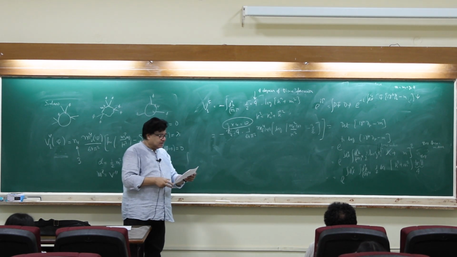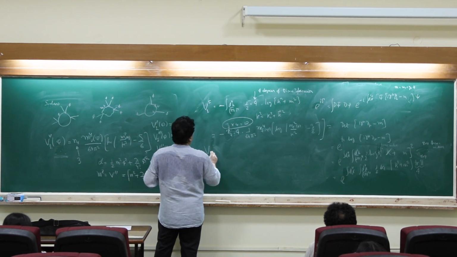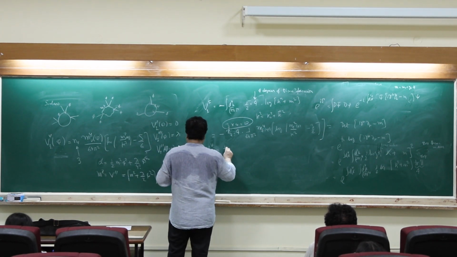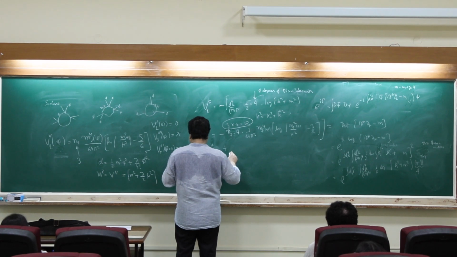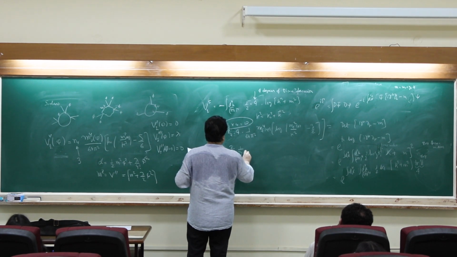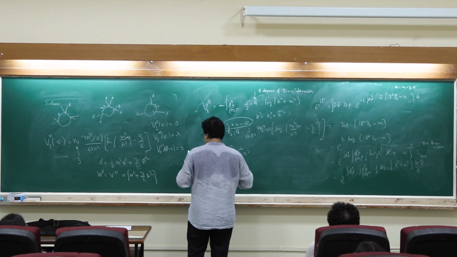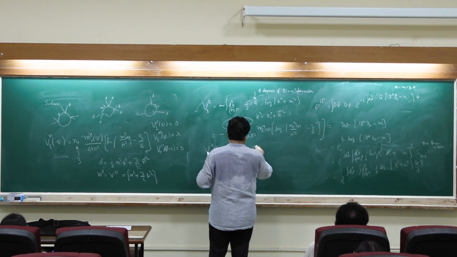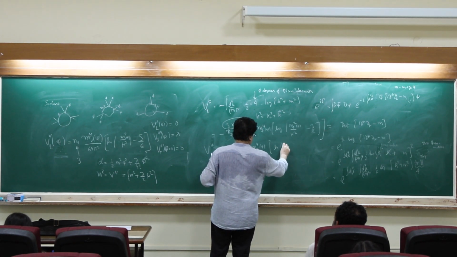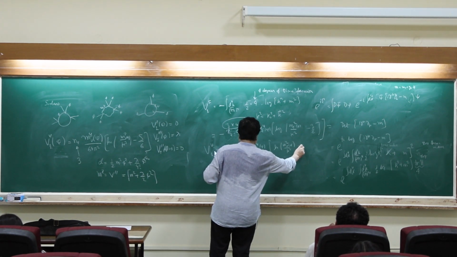Okay, so last is the gauge boson, and the gauge boson is a vector, and this is plus 3 for each massive gauge boson. 1 by 64 pi square, m, and this constant is different.